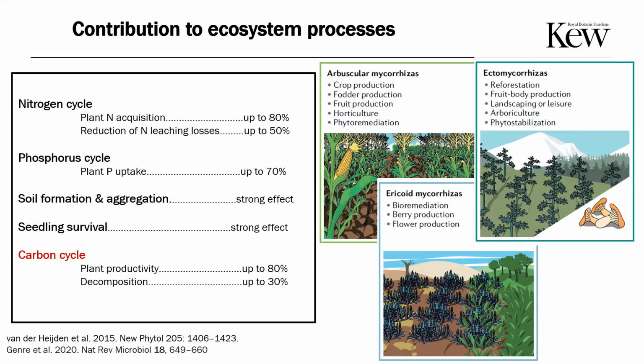And for orchids and most of these plants as well, they are essential for seedling survival in the first stages and also in adult stages. But one of the most important functions that they have is that they are involved in the carbon cycle. And I'm going to explain a little bit more about that.